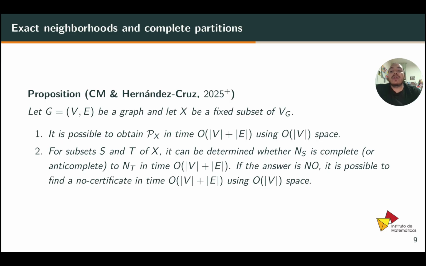Also, for any two subsets S and T of X, we can determine whether all the vertices in S are adjacent to all the vertices in T, or whether no vertex in S is adjacent to any vertex in T, also in linear time using only linear space. This is important because we are talking about algorithms and we want efficient algorithms.